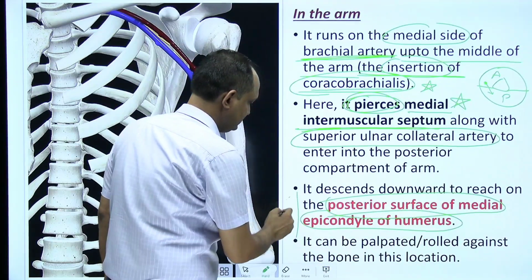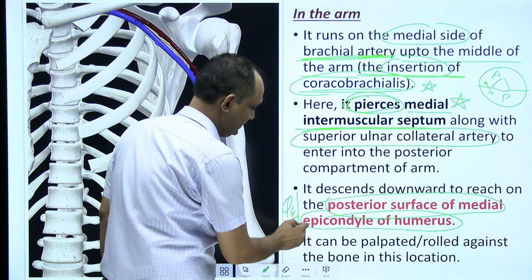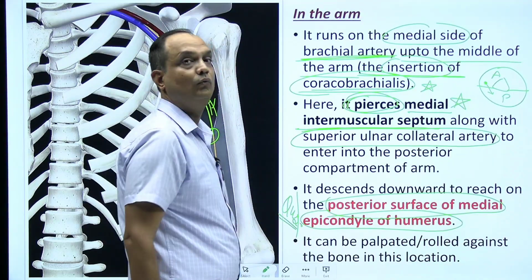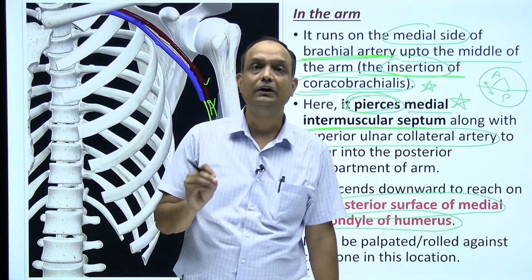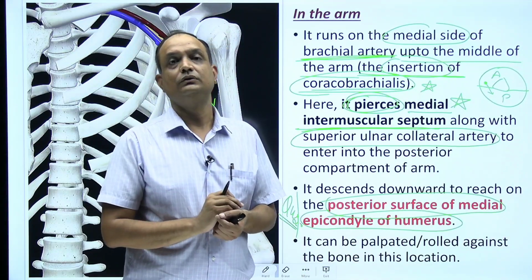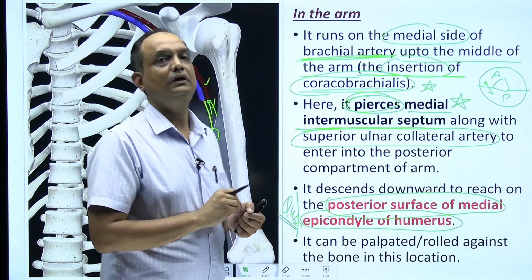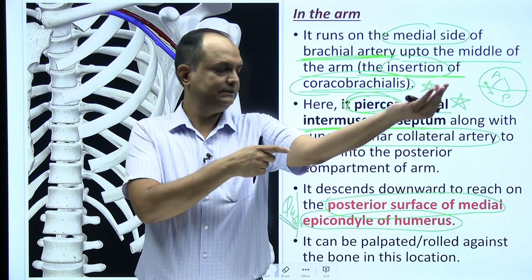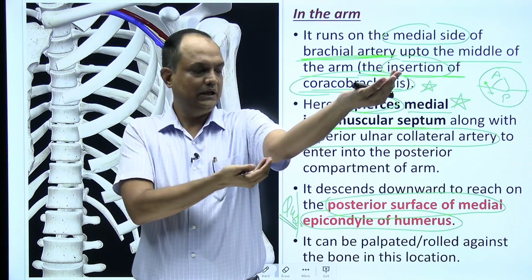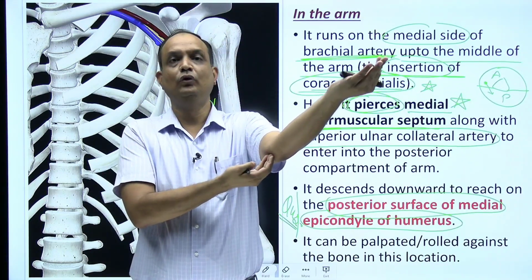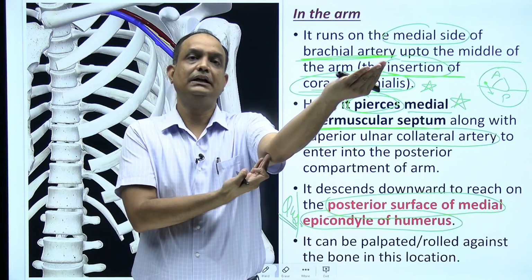Now, my dear students, this is a very commonly asked question in your exam: what is the bony relation of the ulnar nerve? The most important bony relation of the ulnar nerve is the medial epicondyle. The ulnar nerve lies in a groove on the posterior side of the medial epicondyle.